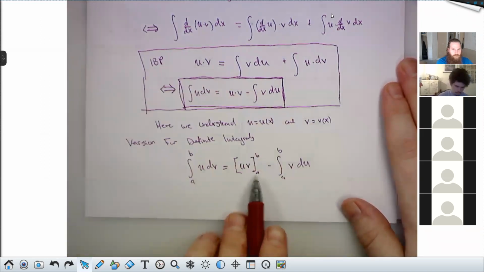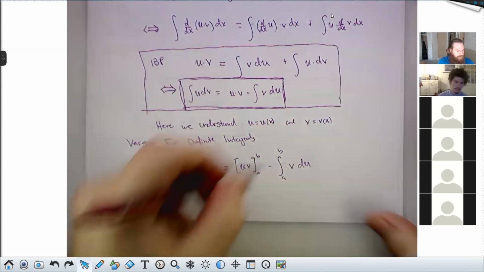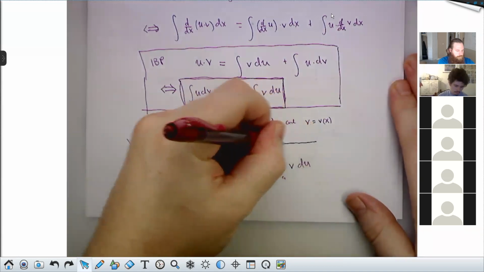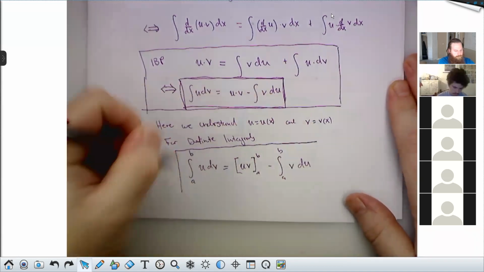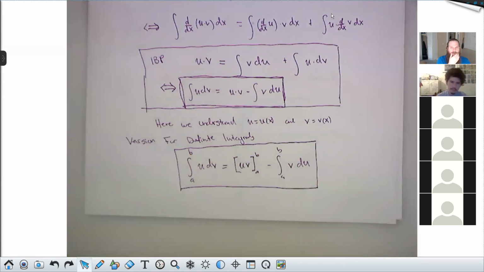People forget to evaluate this part all the time. Don't be that person. So there's your IBP formula for definite integrals.